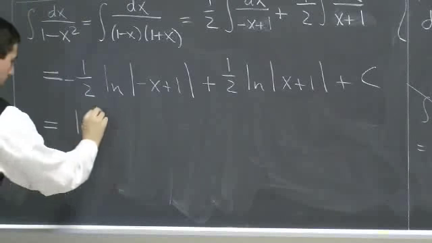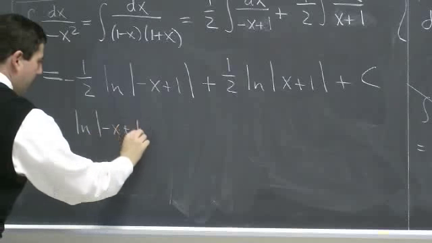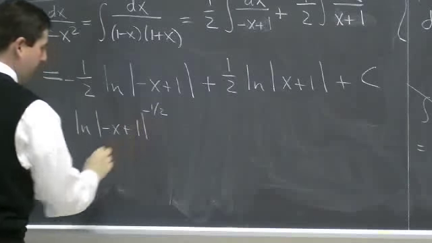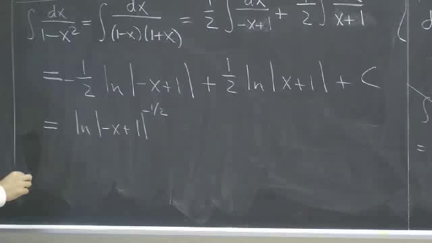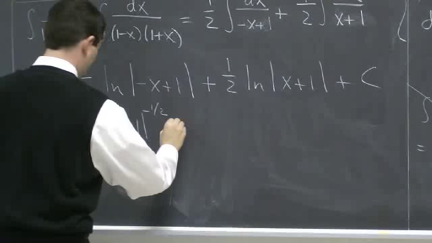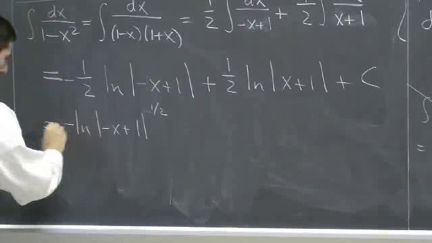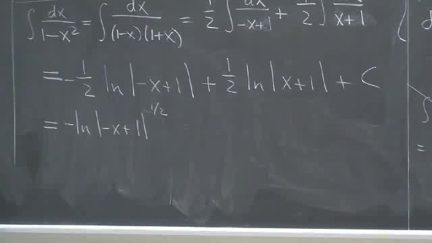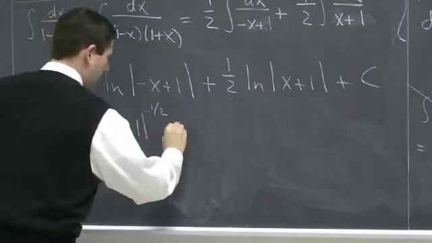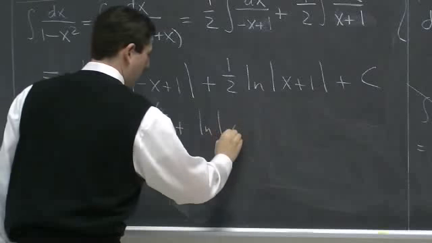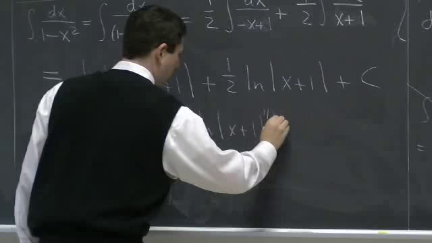So this becomes natural log of absolute value of x plus 1 to the minus 1/2. Actually, I don't want to pull the minus. I'm going to keep the minus out front. I'm going to do something with that in a second. Plus natural log x plus 1 to the 1/2.